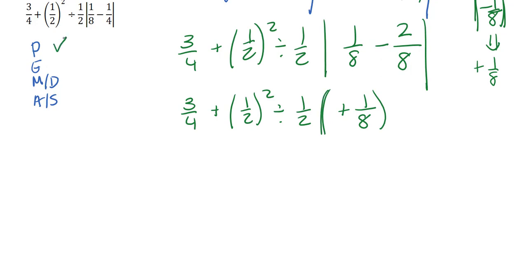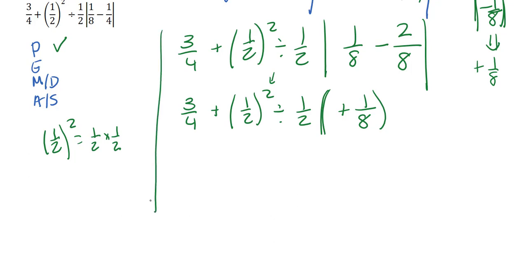So now we've dealt with our parentheses, there are no more operations there, and we can go on to exponents. We know that 1/2 squared really means 1/2 times 1/2. What does that equal? That's just equal to 1 over 4.